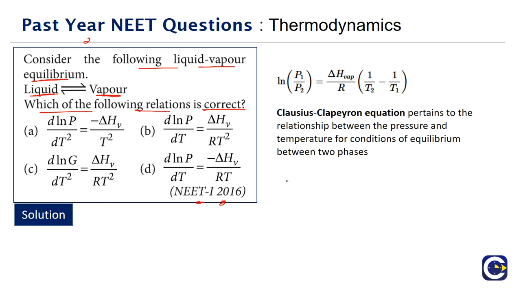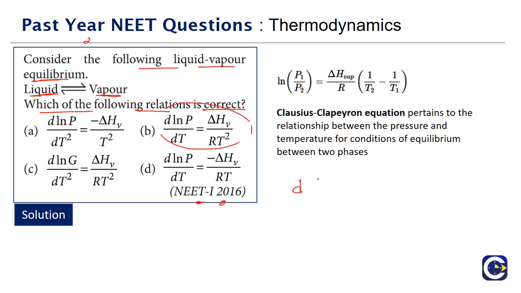So what is the Clausius-Clapeyron equation? It is an equation that relates the pressure and temperature conditions of an equilibrium involving gases. Typically in the liquid vapor equilibrium, it tells how the enthalpy change is related to the pressure and temperature of the gas. So the differential form of the equation is option B.